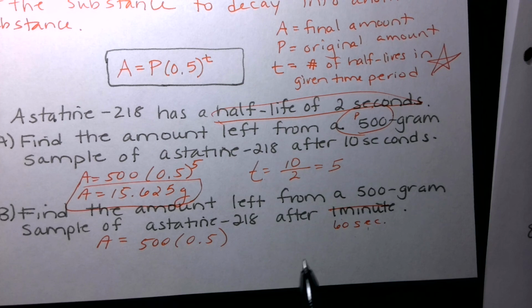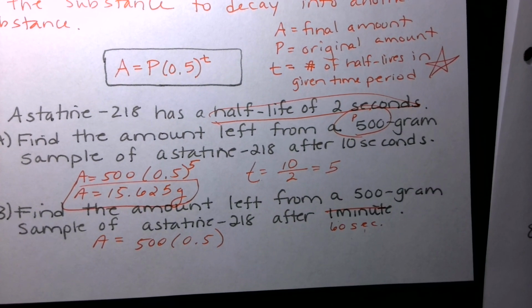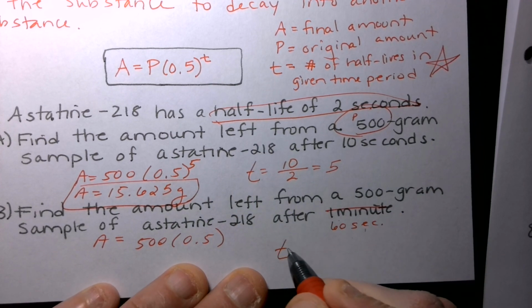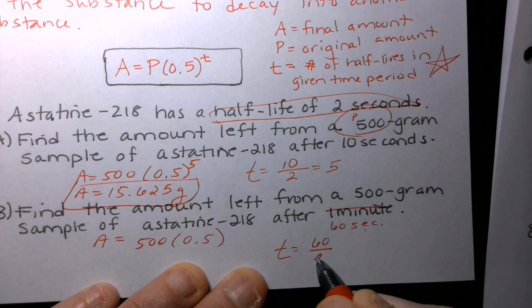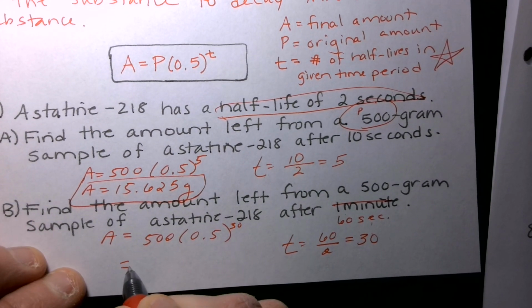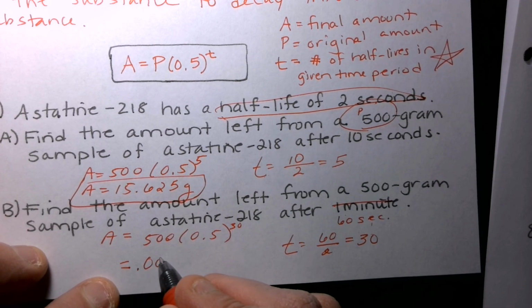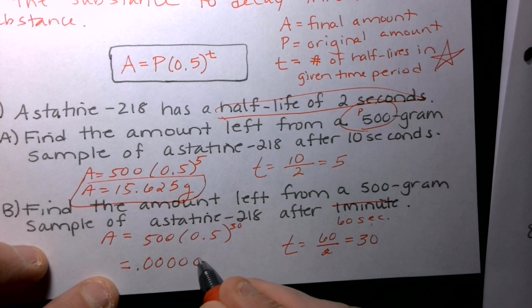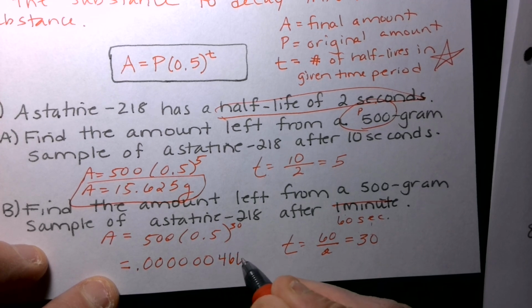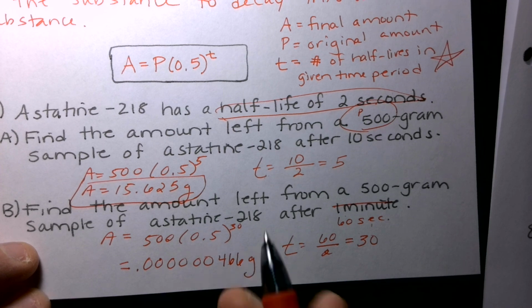And so how many sets of 2 seconds are there in there? Because that's how many half-lives you'll have. 60 divided by 2 is 30. And your answer for this one is very small, depending on your calculator, how far it goes out. 1, 2, 3, 4, 5, 6. It's either going to be this, or yours might have rounded it and have a 7.